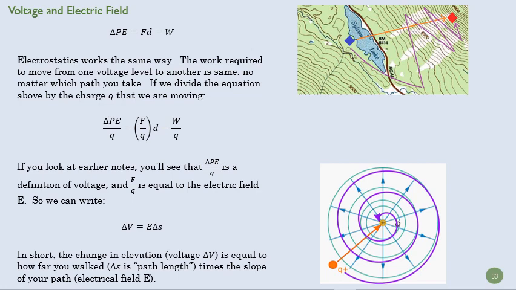And so we can write the change in elevation, delta V, from 0 meters to 10 meters, is equal to how far you walked times the slope of your path, which is E.